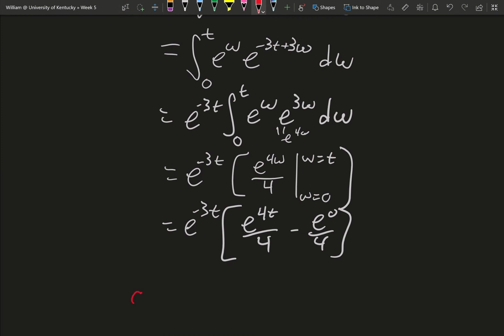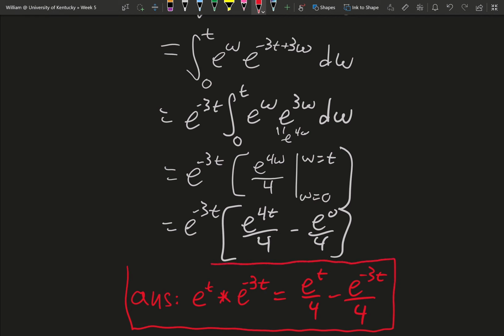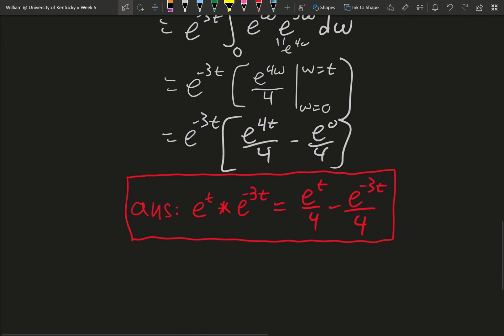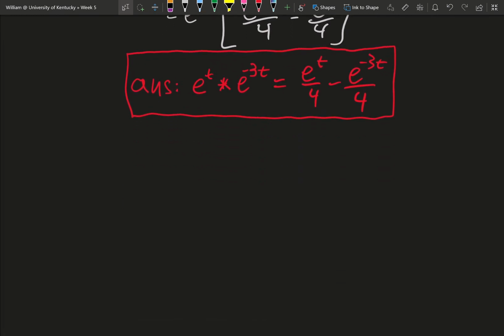So we plug both those in, and if we move the e to the negative 3t back inside, we'll see that what we get is e to the t over 4, that's a 1, so minus e to the negative 3t, also over 4. And that's going to be our answer here.